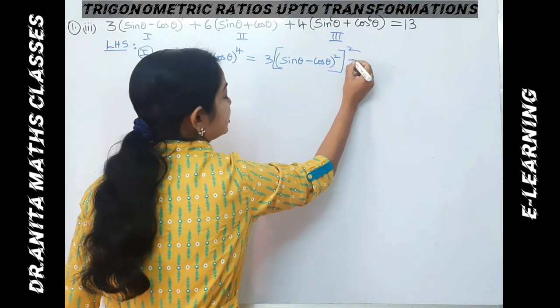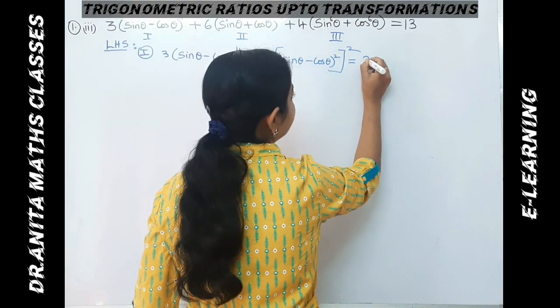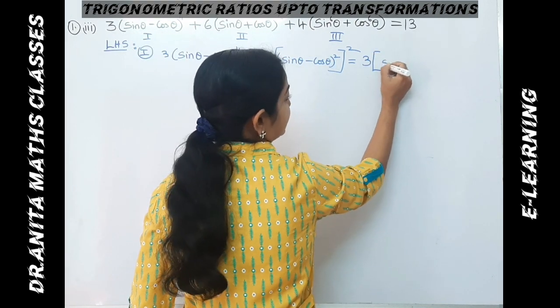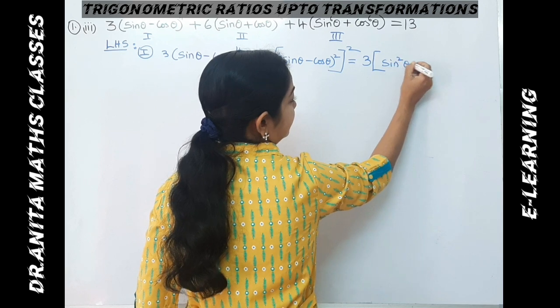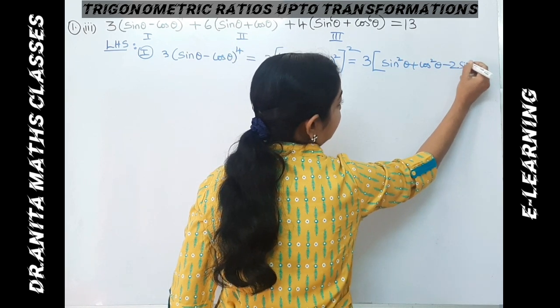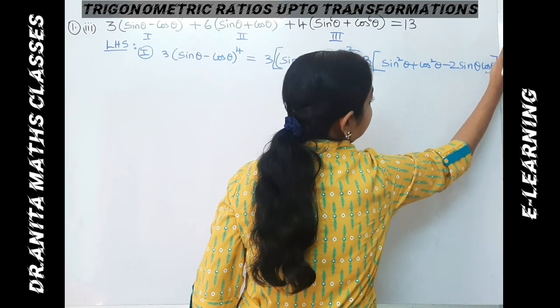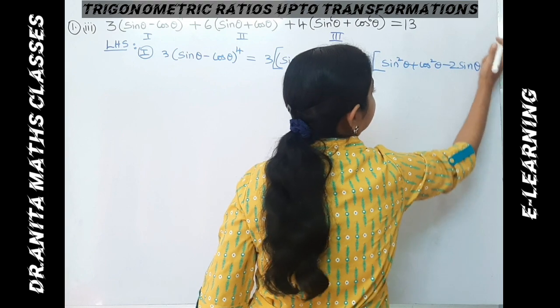Now a minus b whole square, we will expand it: a square plus b square minus 2ab. Again, I'll take it here.